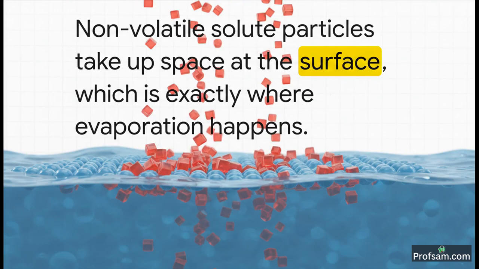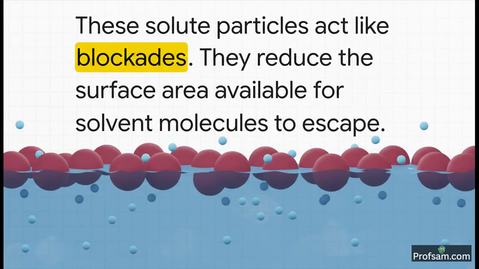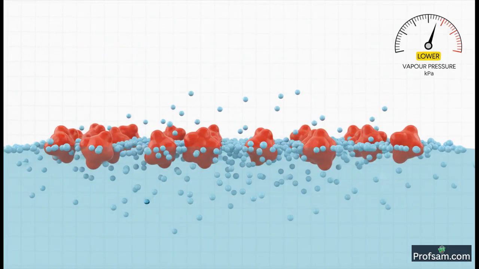Its particles get mixed in and they start to take up space at the surface, which is exactly where the evaporation happens. So you see, these solute particles act like blockades. They reduce the effective surface area that is available for the solvent molecules to escape from. And because the rate of escape is now lower, the pressure of the vapor above the liquid will also be lower when the new equilibrium is established. This picture perfectly illustrates the core idea.